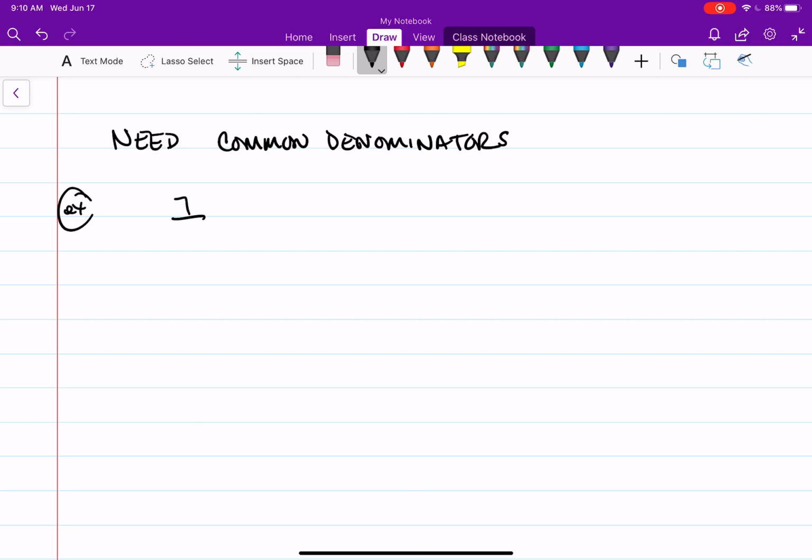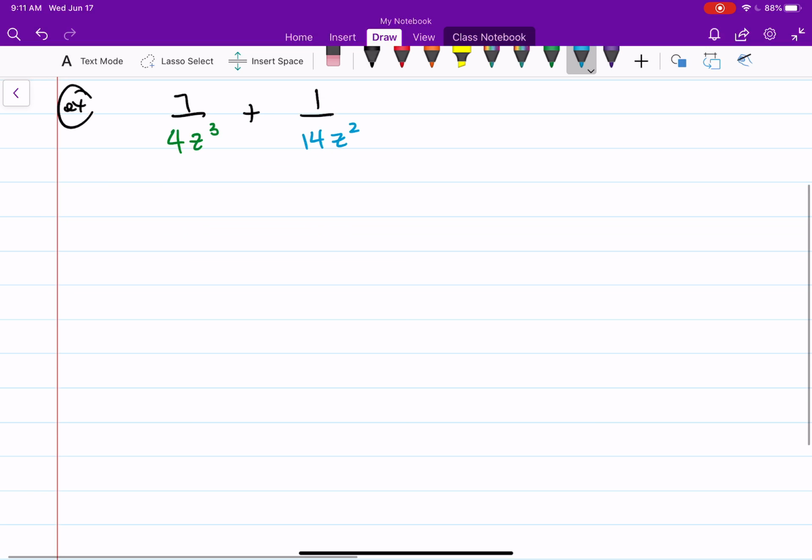The first example I'm going to put up is this: 7 over 4z cubed plus 1 over 14z squared. Again, I need common denominators, so only the bottom matters right now.